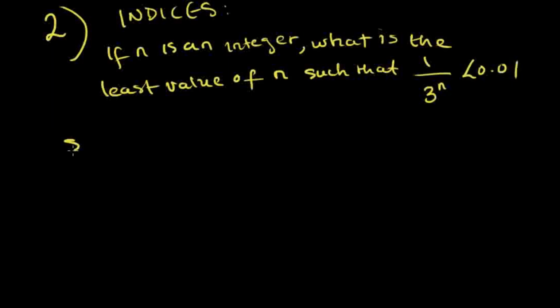Okay, so let's attempt this. So we want to find the least value of n such that 1 over 3 raised to the power of n is less than 0.01.